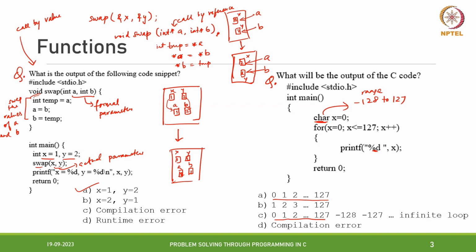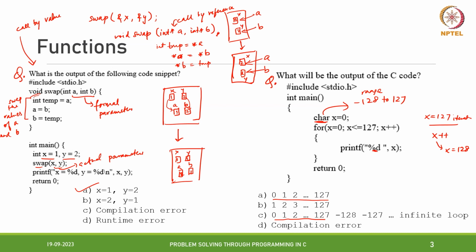Next, what happens when we do a plus plus? At the end of the iteration when x equals 127, x plus plus causes x to become 128, but x cannot actually become 128, because x is a char variable.